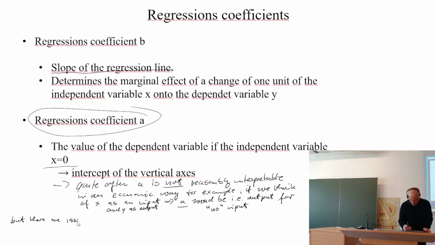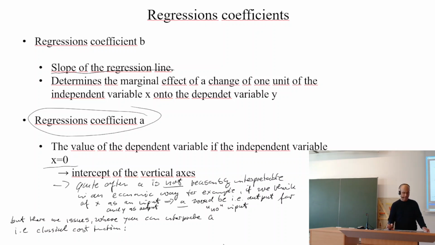but there are issues where you can interpret a, for example, as a classical cost function. Well, and then for a cost function, quite often we make the ansatz C of x is some fixed cost, C0, plus some marginal costs, Cx times x.